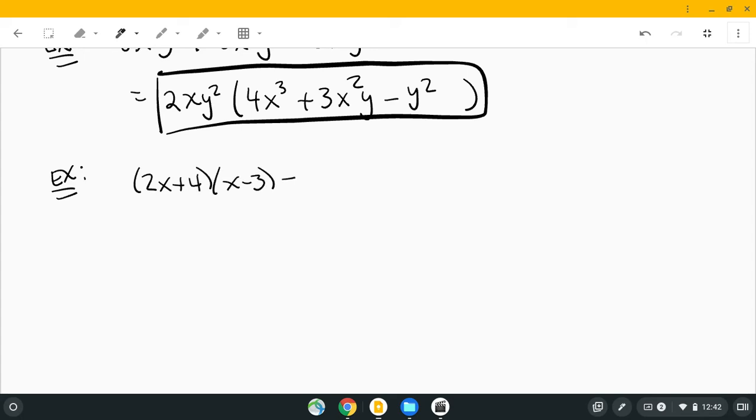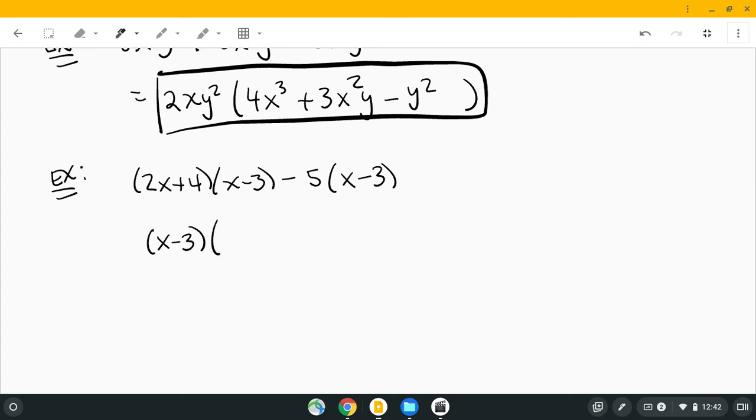And then you can look at this as 2 different groups. This is one group. This is your second group. And we notice that this first group and the second group both have x minus 3 in common. So I can factor out the x minus 3.